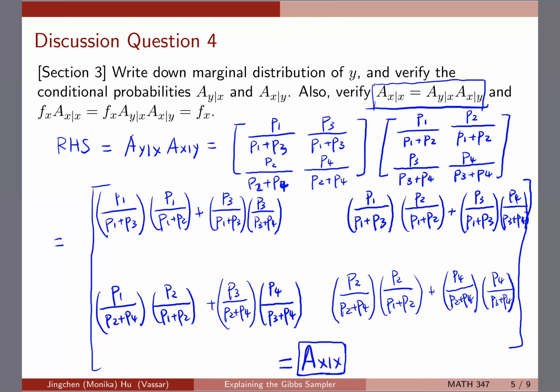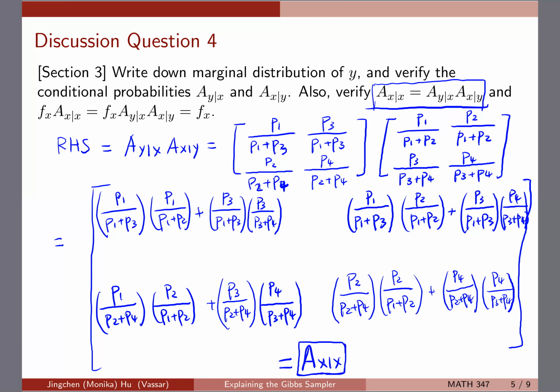Because after all, it's all binary. So you can think about when x is close to 0. Of course, there are 2 x's here. So what does it mean to be conditioning on x equals 0? What does it mean to have x equals 0 before the conditional sign? Okay. And then try to verify that all of those terms, the 4 terms in this 2 by 2 matrix, are conveying that information.